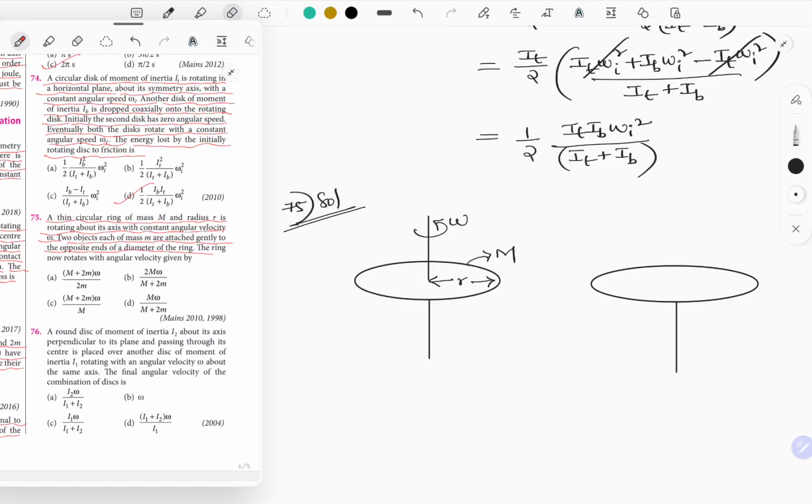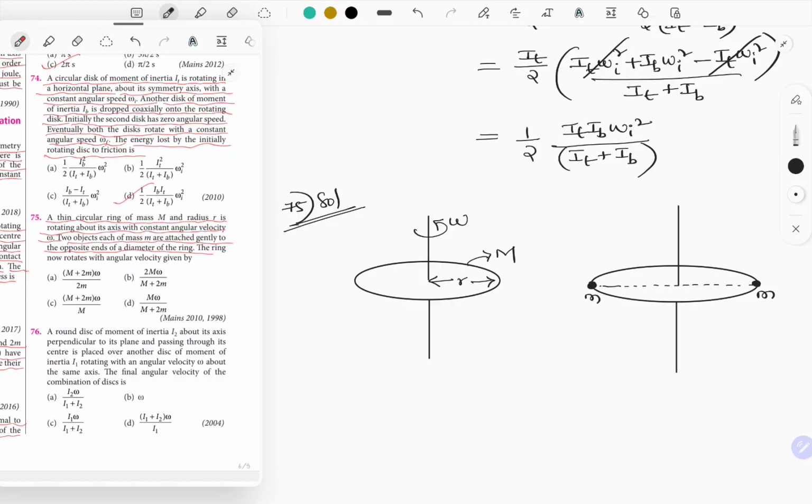Okay, so let me represent that. So they are placed on the opposite side of the diameter. So one of the mass is small m, another mass is m, like this. Okay, they are placed along the opposite diameter.